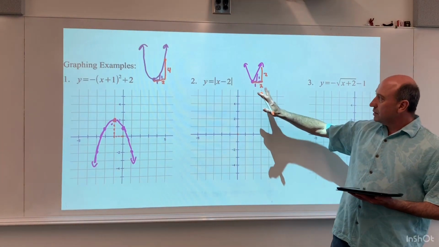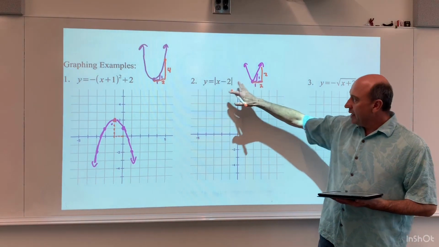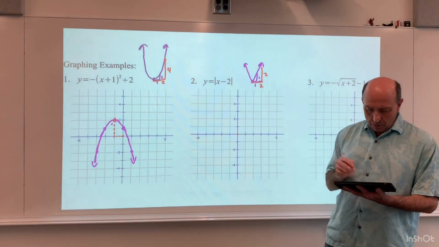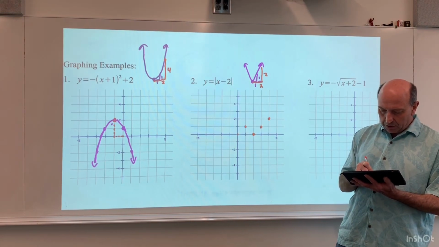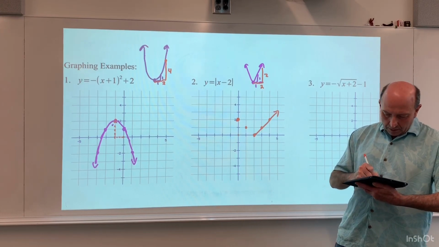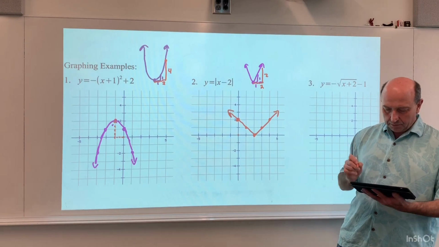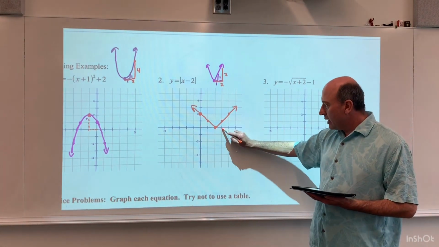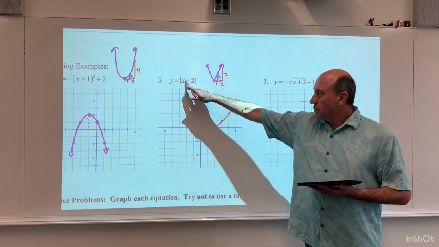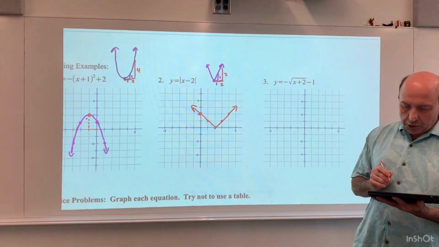Okay, this graph has been moved to the right 2. And then it goes over 1, up 1, over 2, up 2. It does the same thing on the other side. So there's my graph, no table needed. And you can double check, like if you plug in 1, 3, you should get 1. You can check that if you're not quite sure.